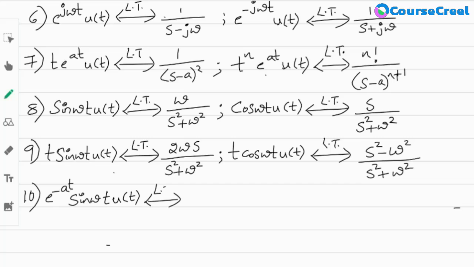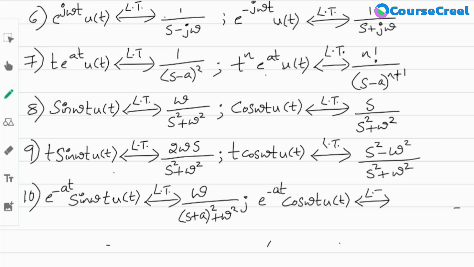Laplace transform of e power minus at sine omega t u of t is omega by s plus a whole square plus omega square, and Laplace transform of e power minus at cos omega t u of t is s plus a by s plus a whole square plus omega square.